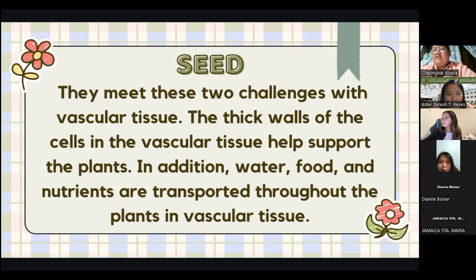Plants are very important to us, right? Because plants give oxygen and absorb carbon dioxide. How important are plants in our daily life? Teacher, it cleans the air. Yes, very good, Esther. Now, we are going to proceed to your activity.